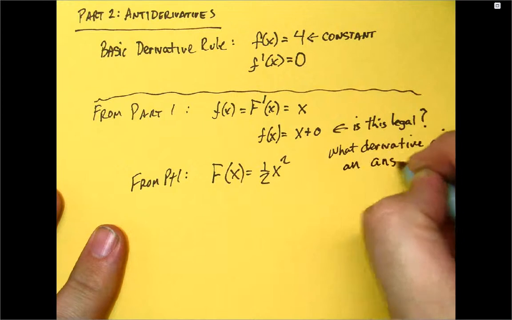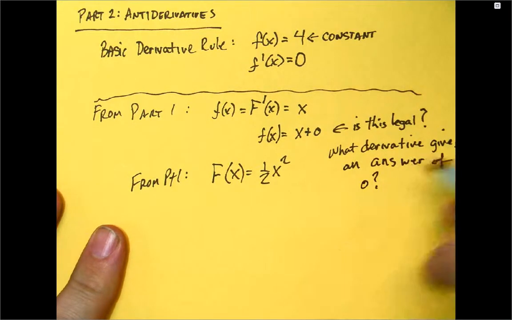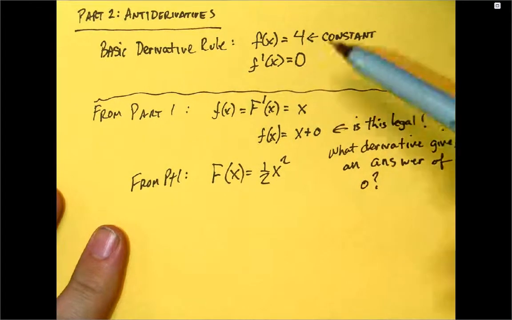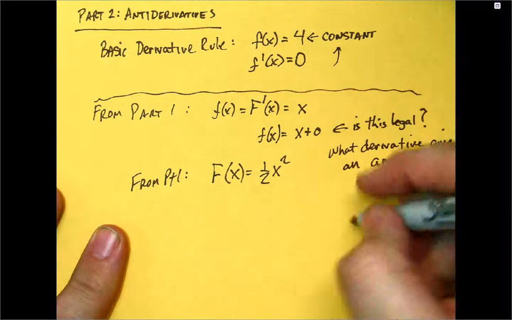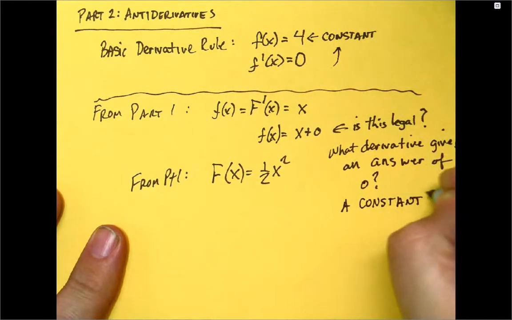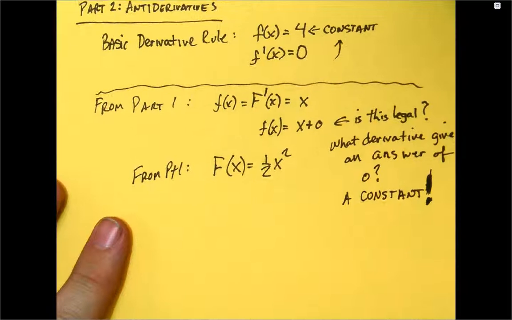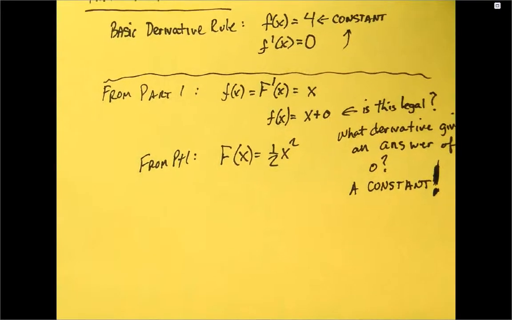So what gives an answer of 0? A constant. Not a question mark, because it's 100% true, an exclamation point. A constant.